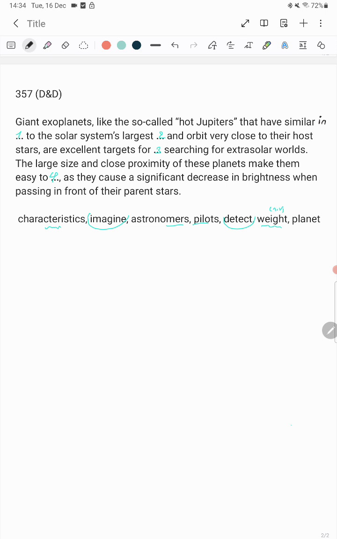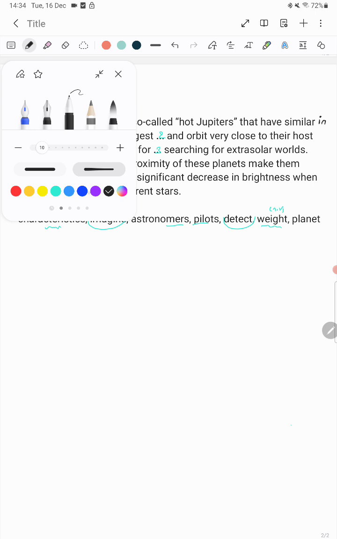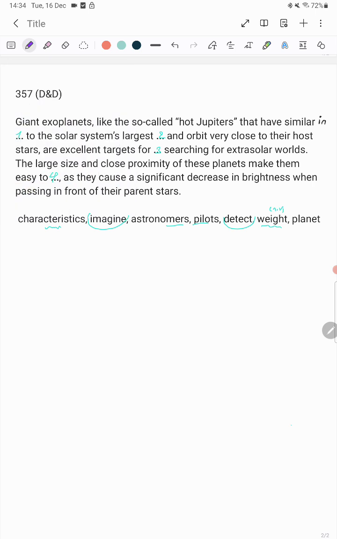Similar in characteristics, we don't say similar in weight. In characteristics, 2 is done. To the solar system's largest planet. Okay, 2 is done.